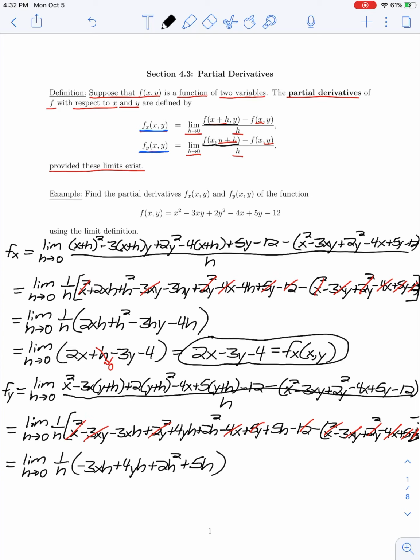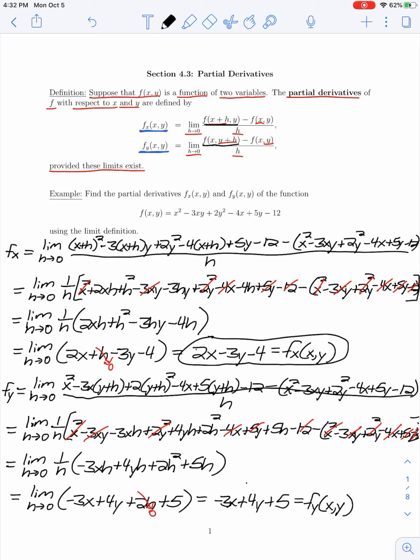So dividing through by h, we have the limit as h approaches 0 of negative 3x plus 4y plus 2h plus 5. So taking the limit as h approaches 0, our term 2h tends to 0, and we are left with negative 3x plus 4y plus 5 for the partial derivative of this function with respect to y.